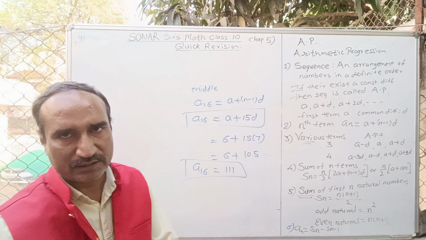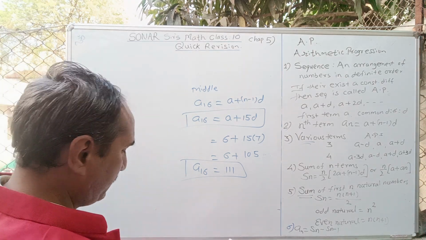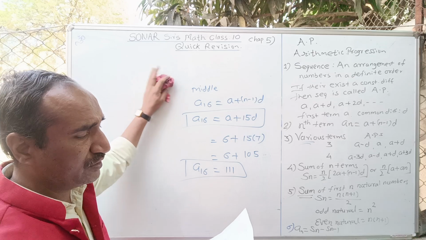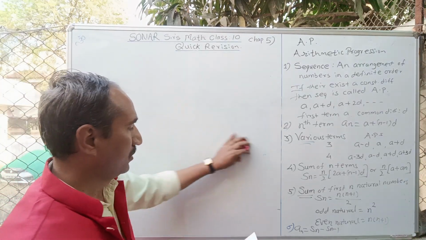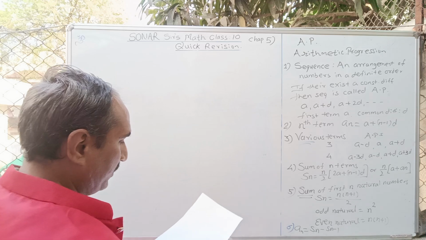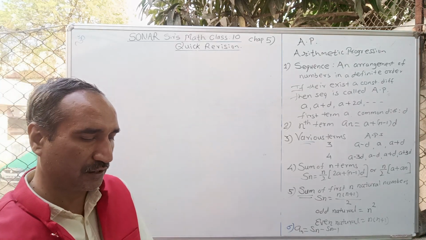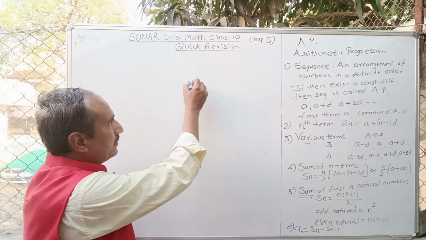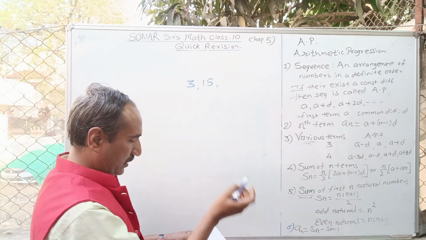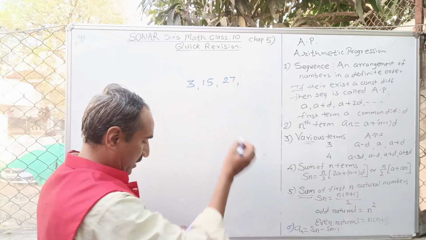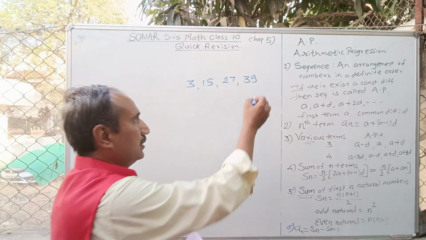So let's discuss one more word problem. The next word problem is: which term of an AP will be 120 more than its 21st term? The AP is given to us as 3, 15, 27, 39 and so on.